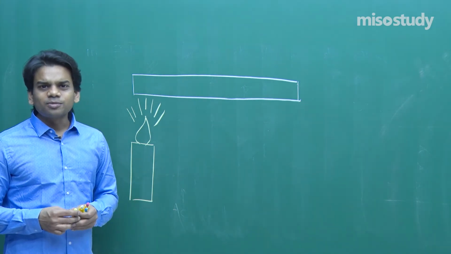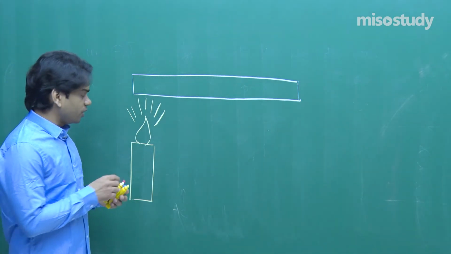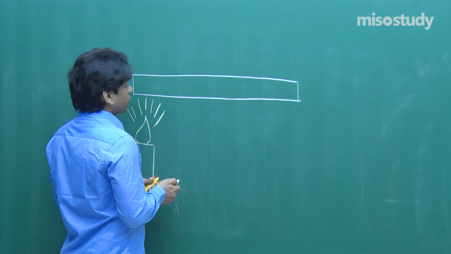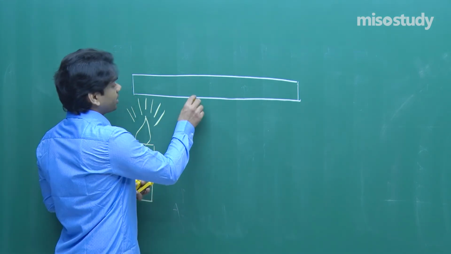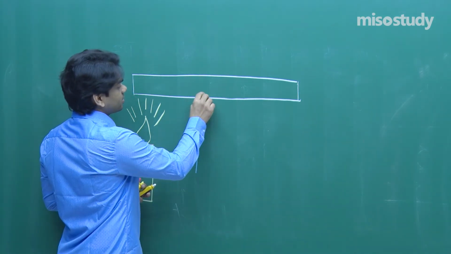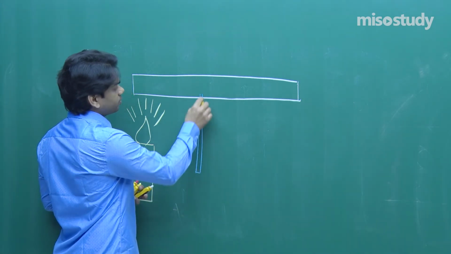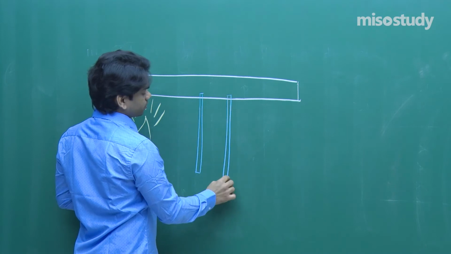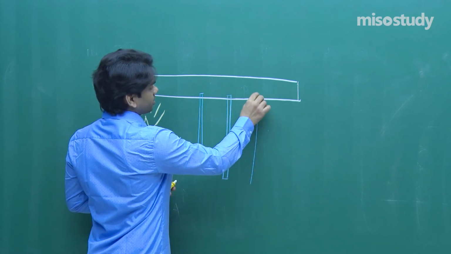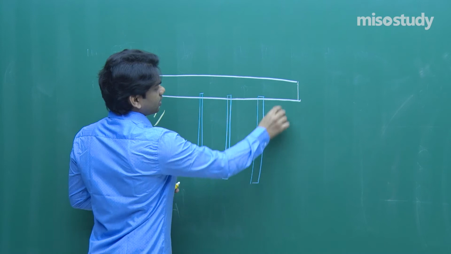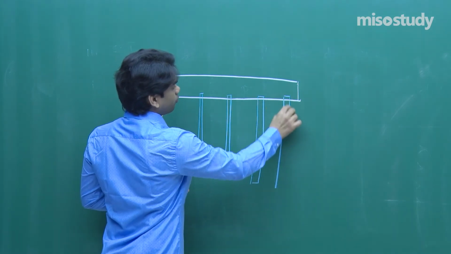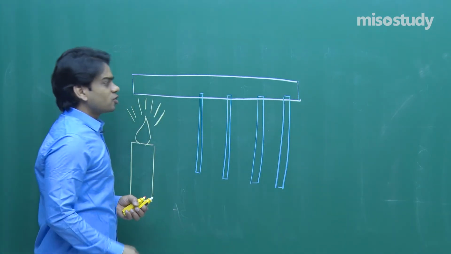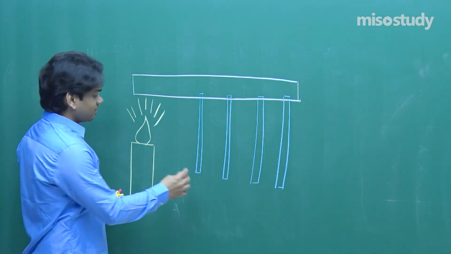Let us attach some thermometers at various places along the rod. Let's say this is thermometer 1, this is thermometer 2, this is thermometer 3, and this is thermometer 4. So we have attached 4 thermometers here as shown.